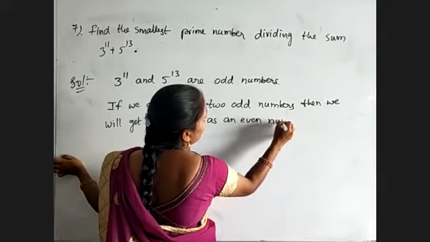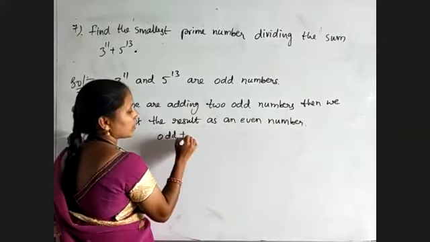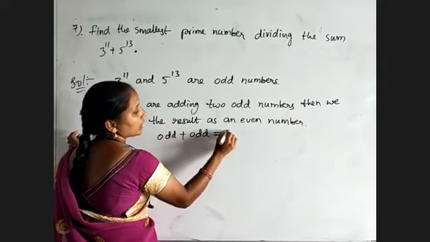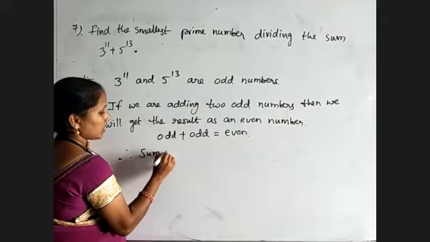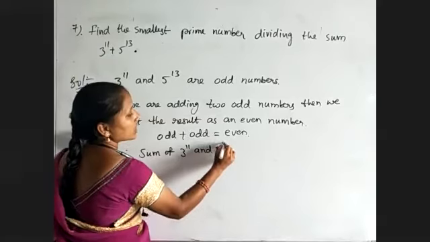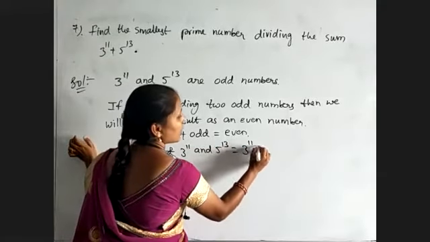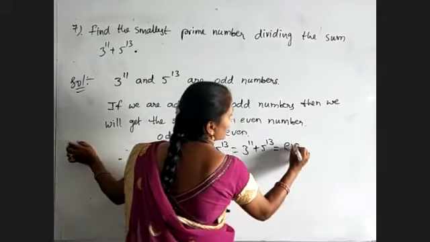That is, odd number plus odd number is equal to even number. So therefore, the sum of 3 power 11 and 5 power 13, that is 3 power 11 plus 5 power 13, is an even number.